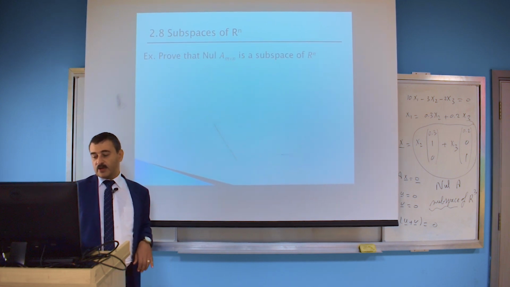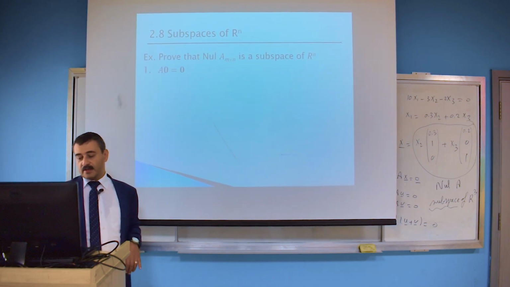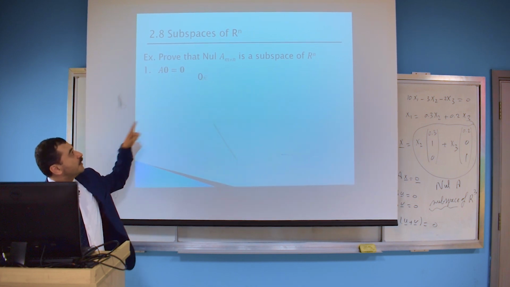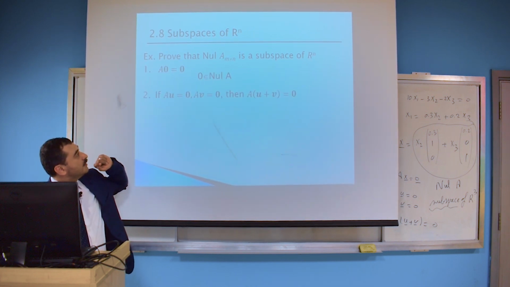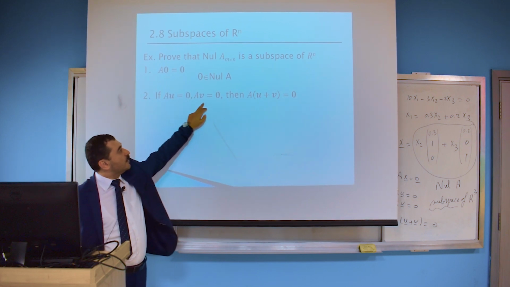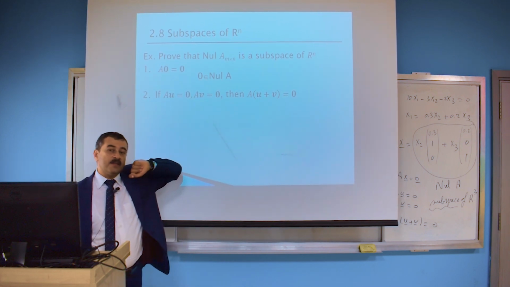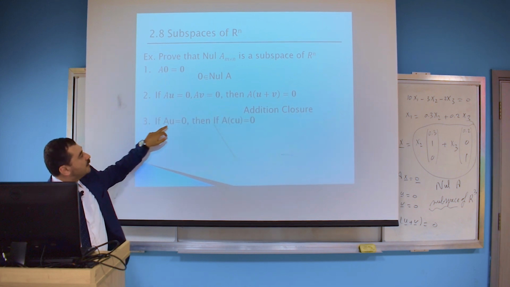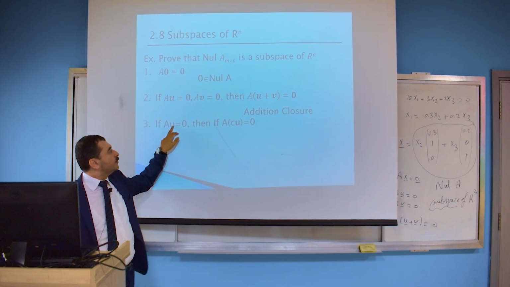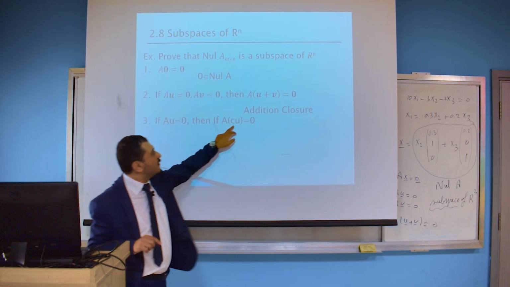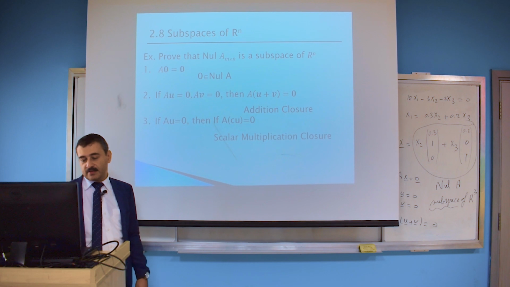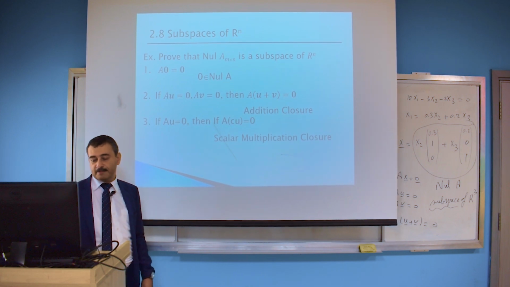So this is how to write the proof that the null space is a subspace. The 0 vector belongs to the null space. If you have two vectors in the null space, then the sum belongs to the null space. This is the addition closure. If you have a vector belonging to the null space, and you have a scalar multiple, it would also be in the subspace. So it is a subspace.